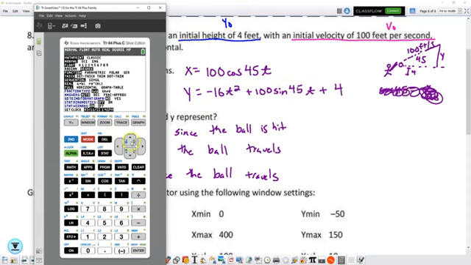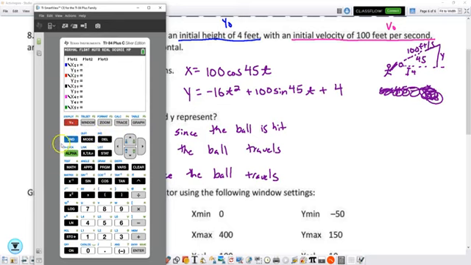That's what tells me it needs to be in degrees. You're also probably going to need to change your mode to parametric mode. So you can see under mode, I've gone from function, and I'm going to change it to parametric. If you have anything in your equation, go ahead and clear that out, and I'm going to enter 100 cosine 45.